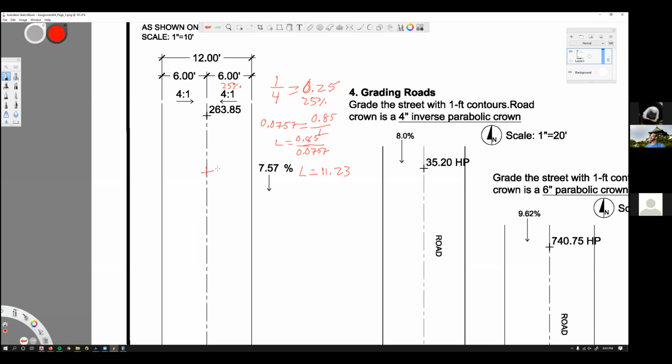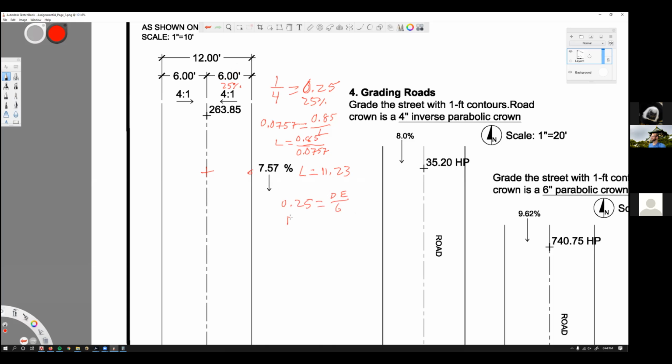We'll go back here now, and we want to figure out, again, the difference in elevation between these 2 points. So we know the slope, 0.25. We want to know the DE, and we know the length, 6 feet.